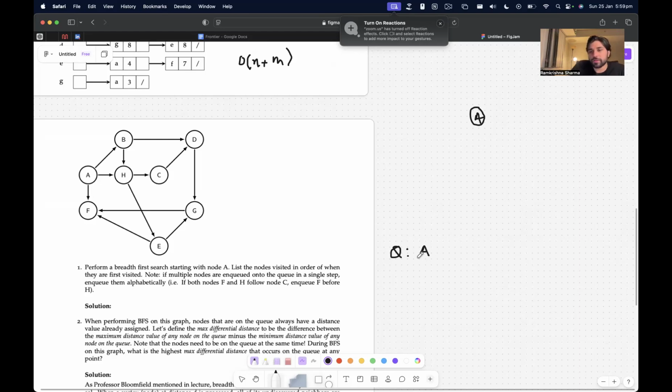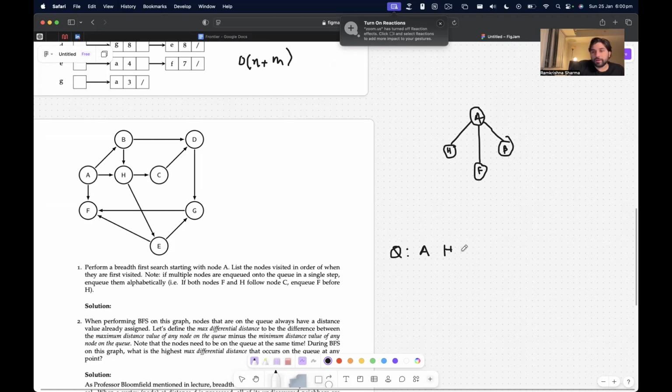There are a few things to remember. So you have the queue and then you put the first node in, and right now that is A. A is connected to H, B, and F. So these end up being valid connections to A: H, B, and F, and that, in fact, is appended to the queue.